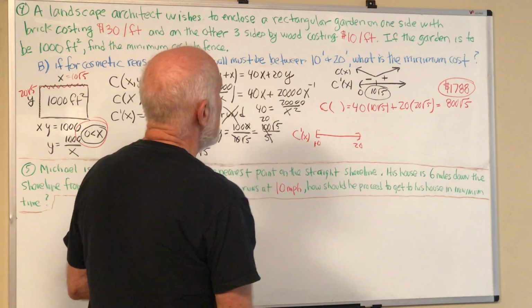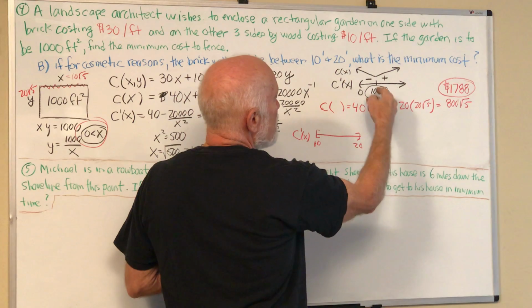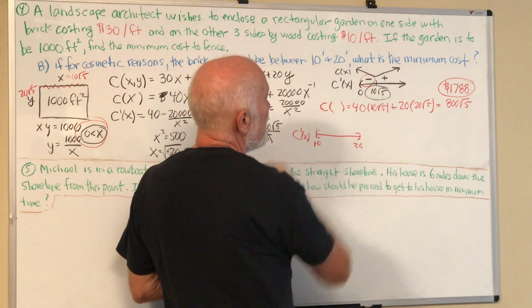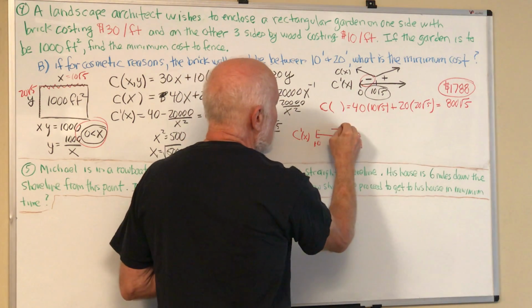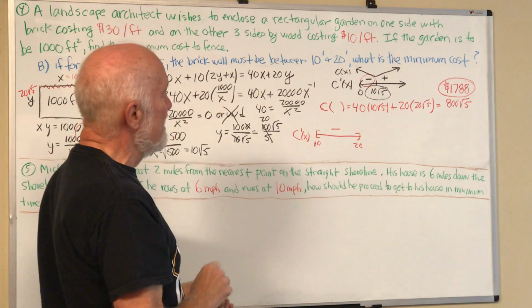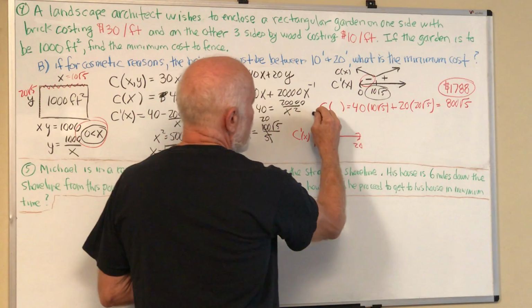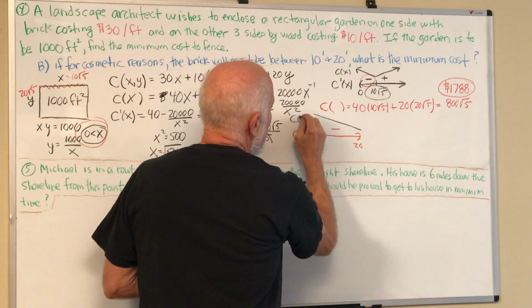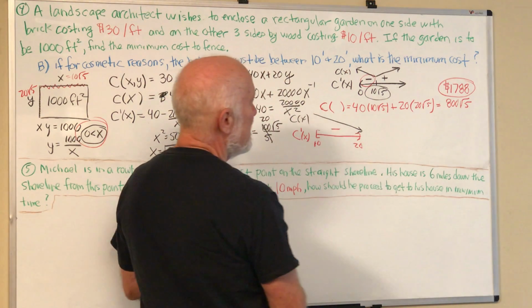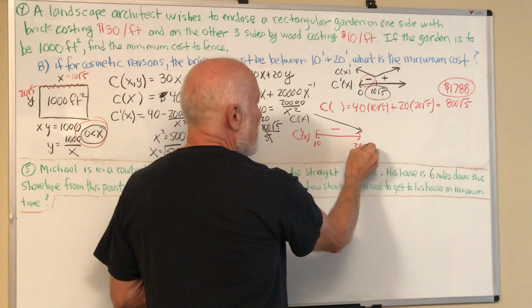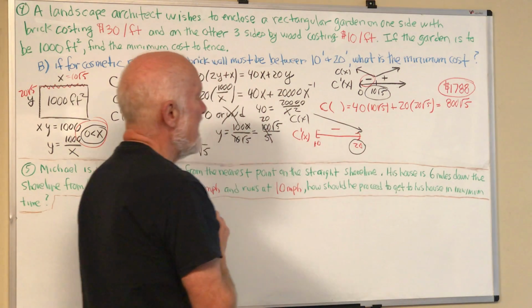And we know that until you get to 10 root 5, the cost, or the derivative of the cost, was always negative. So in this whole area that we're looking at, the whole domain, the derivative is always decreasing. So the cost is always going to be coming down. So that means the best thing to do would make x be 20.